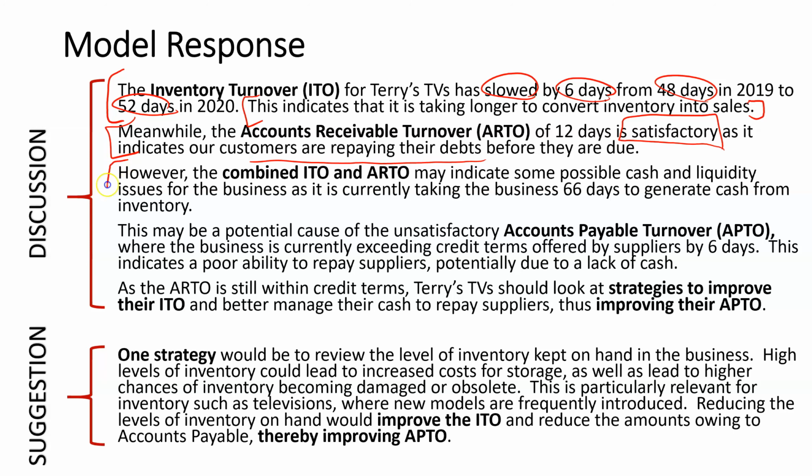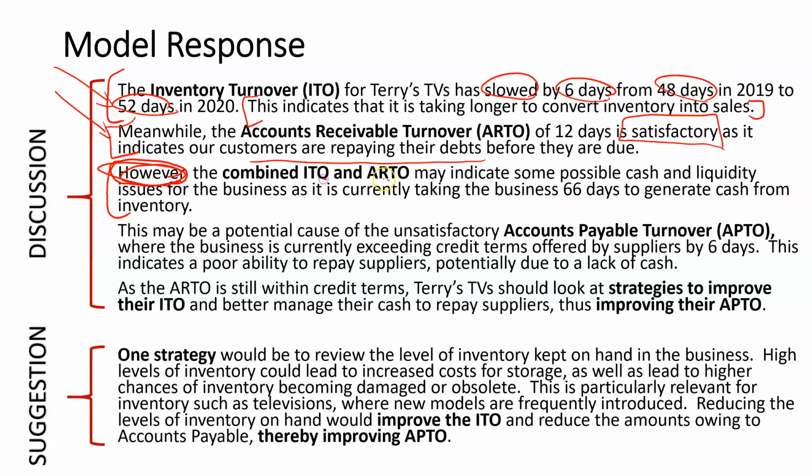But you can see here's where I'm bringing my discussion in. And you can see I'm using this kind of foregrounding to help the reader see that I'm bringing in my second point. So right now, it's taking me longer to convert my inventory to sales, but I'm not really finding any issues with my accounts receivable turnover. However, now I'm going to highlight another issue.